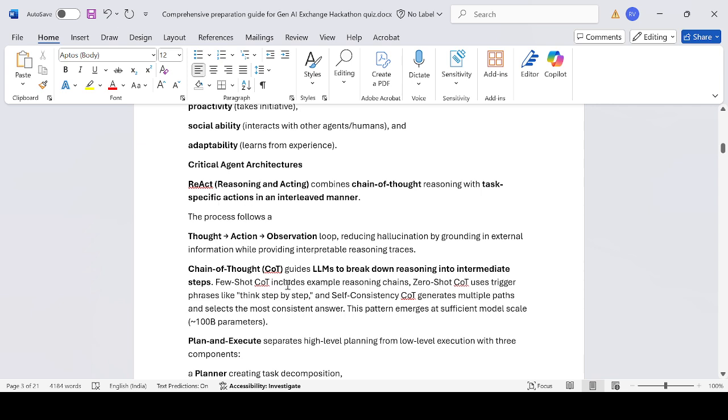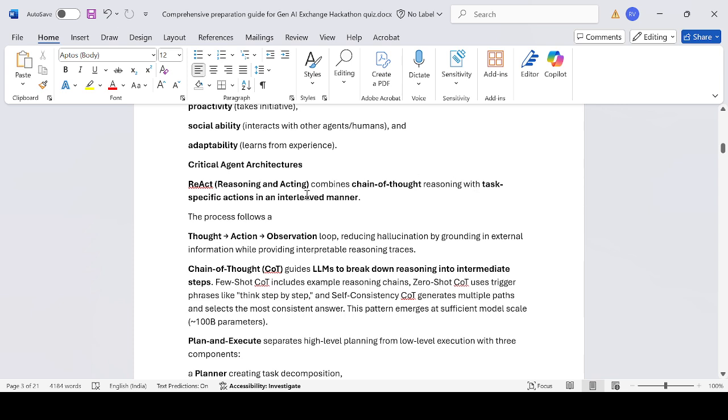I listed quite a few here. It is like your prompt engineering tool only. One is ReAct, reasoning and acting. That means it combines chain of thought. So, what is a chain of thought? We'll see that here. It is chain of thought and reasoning with task-specific actions.